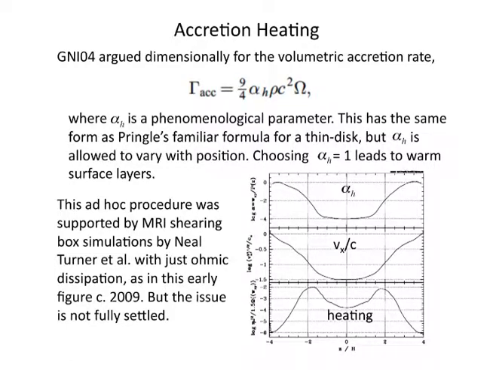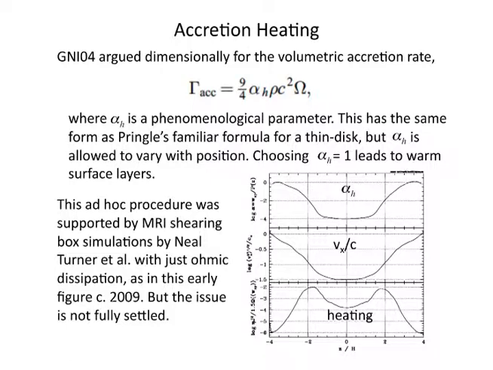This formula, of course, is in the original theory of a thin disk, but we say it's generally valid, and rho is now the three-dimensional structure of the disk, and alpha is a parameter that can vary with position.